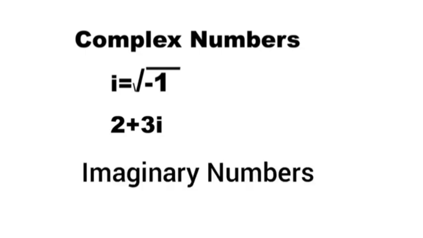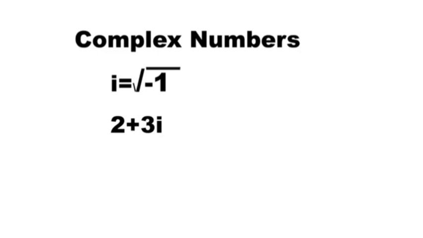We have the complex or imaginary numbers. These are numbers with the square root of -1. These are imaginary, and these are useful especially in the field of waves, electromagnetic wave behavior.